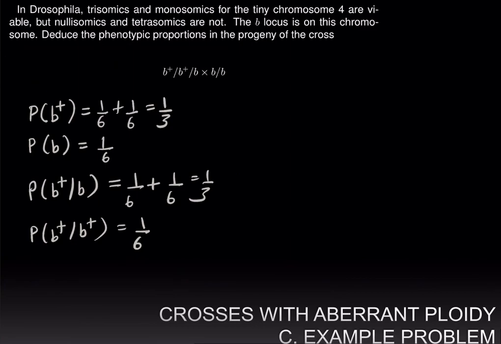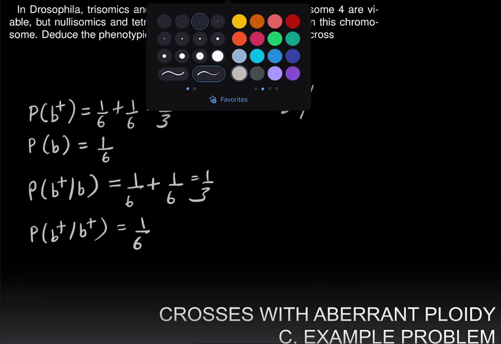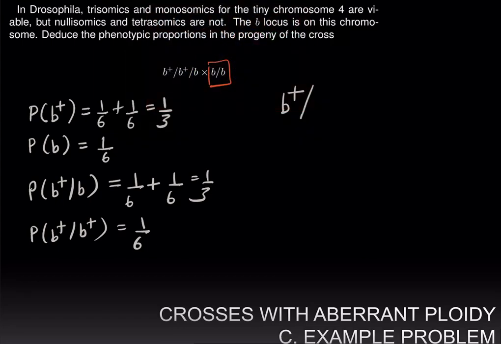So the other individual is homozygous for the little b allele, therefore the progeny will have 4 different genotypes. We will have the B plus gamete from the trisomic fertilizing a little b.